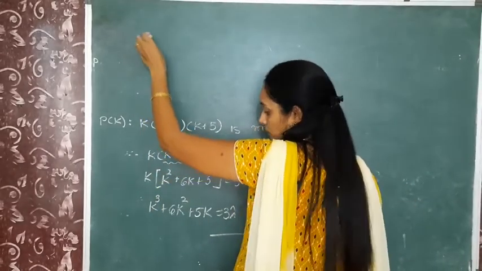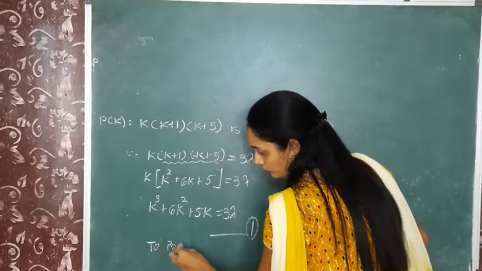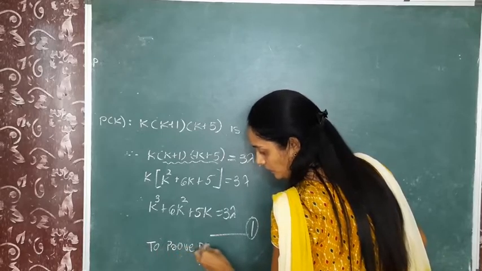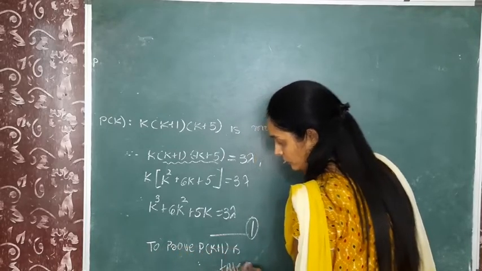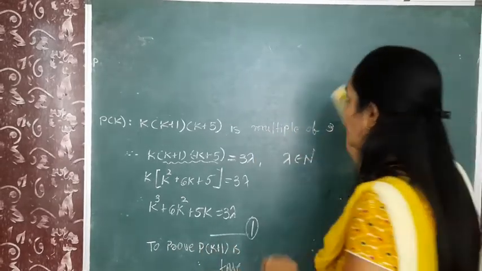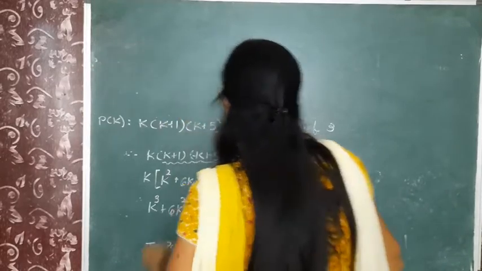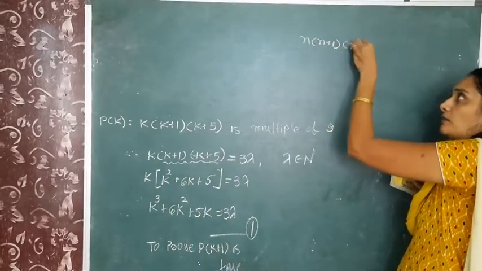To prove P of k plus 1 is true, we have to write k plus 1 when we see n in the given statement. And in the given statement we have n into n plus 1 into n plus 5.